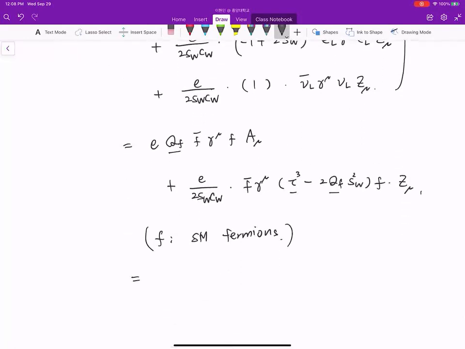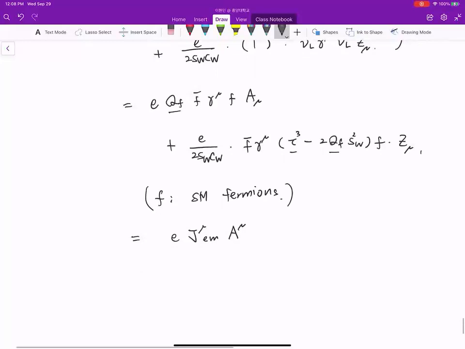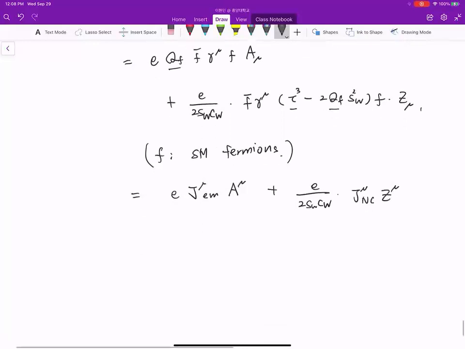Or it can be written in this form. So the electromagnetic current in terms of the current plus the neutral current, and this neutral current can be written as the third component of the SU(2) current and the electromagnetic current.